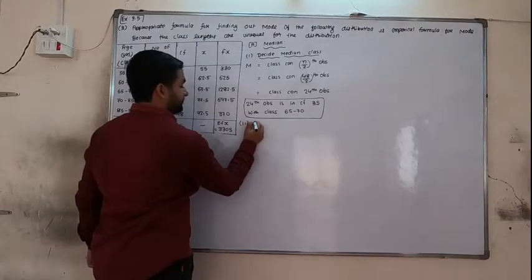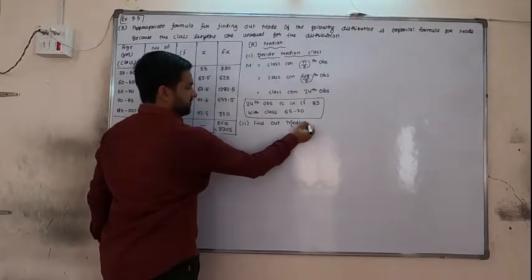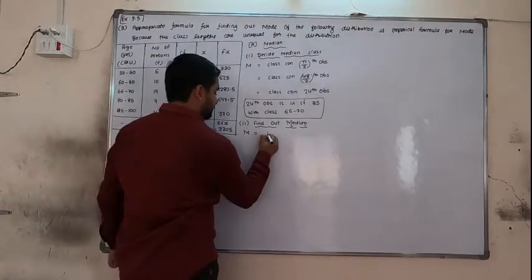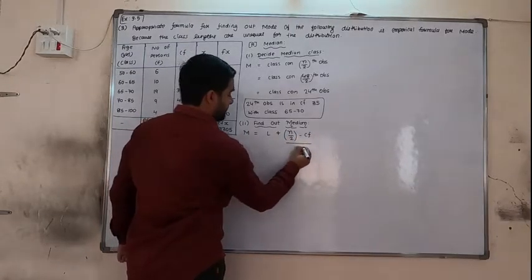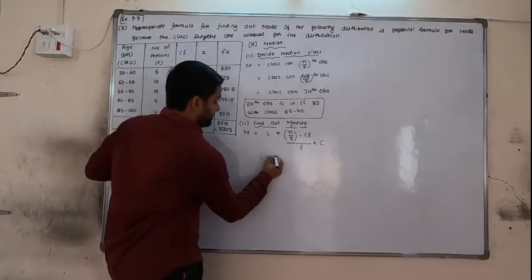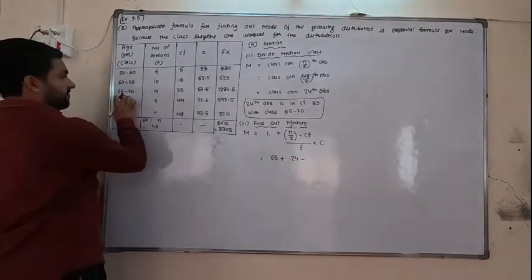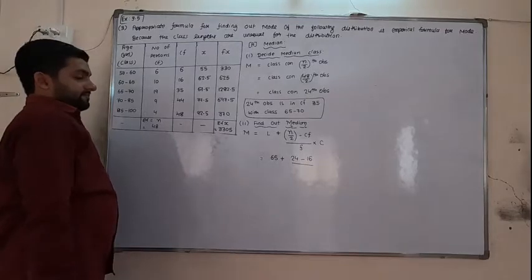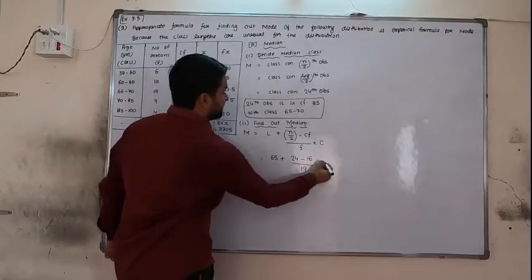Second step: find out the median. M is equal to L plus (N by 2 minus CF) divided by F, multiplied by C. L is 65, N by 2 is 24, the cumulative frequency of the previous class is 16, the frequency of the same class is 19, and the class length is 5.